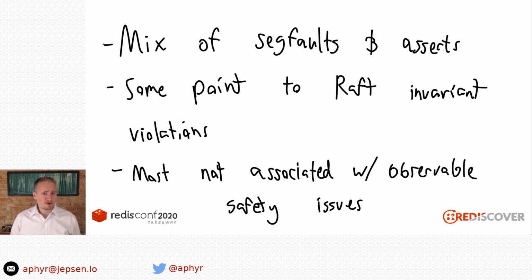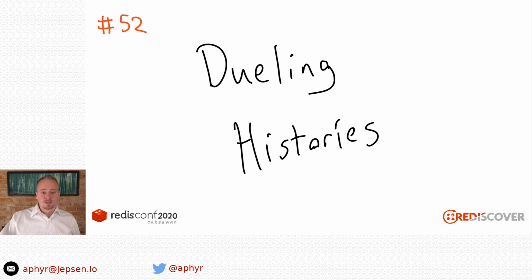Most of them are either a seg fault or an assertion error. Some of these assertion errors point to invariant violations in the Raft library, which are a little bit concerning. But the good news is that most of them were not associated with any sort of observable anomalies. So we didn't typically see any sort of write loss or weird results of reads in these cases. So RedisRaft is going to be addressing those.